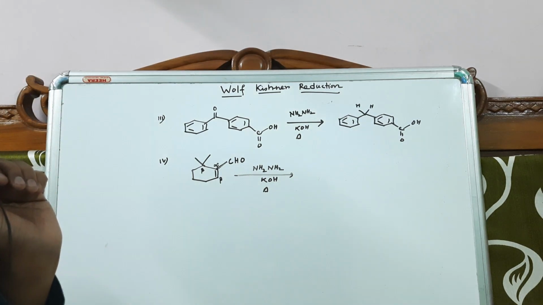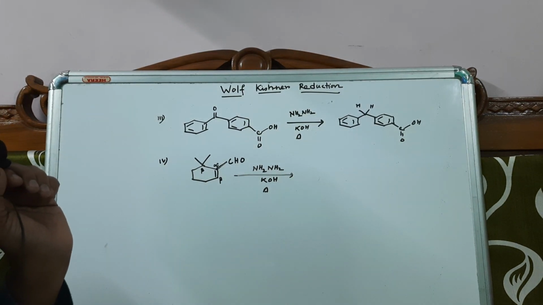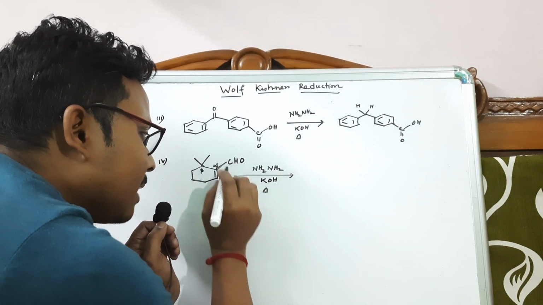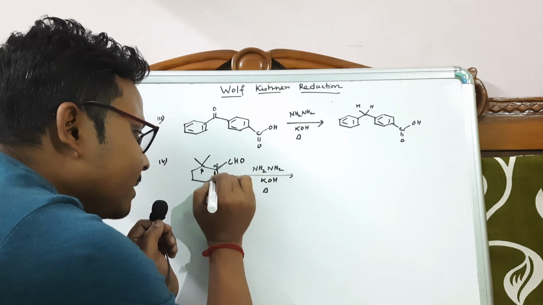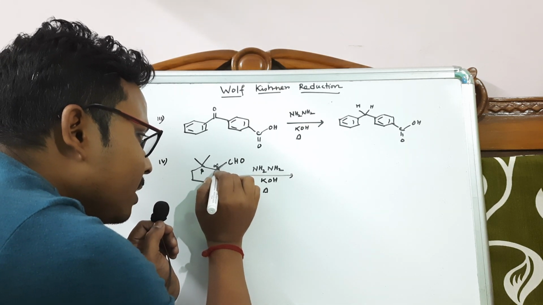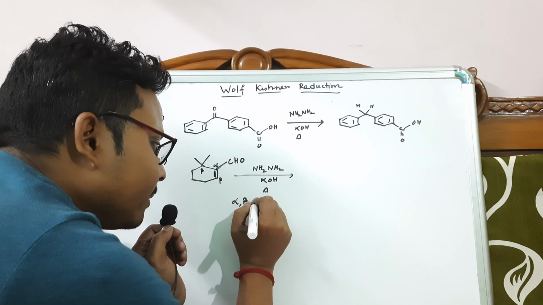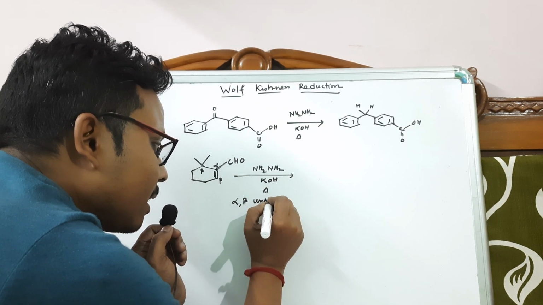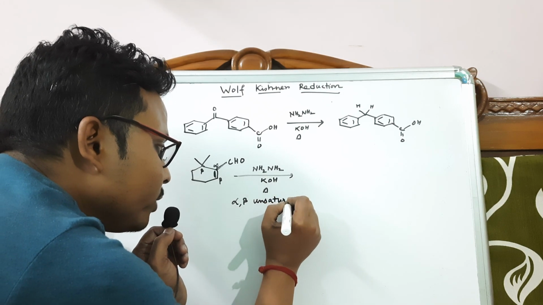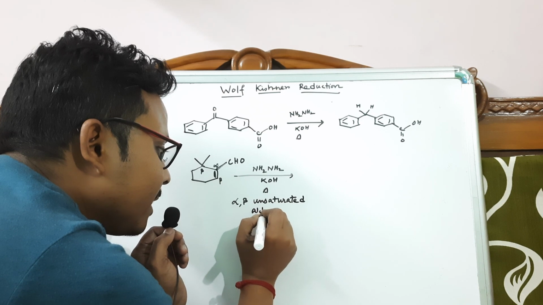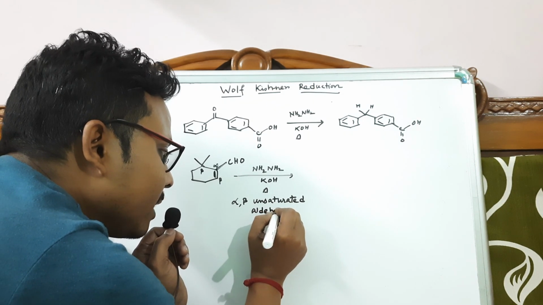So in the case of alpha beta unsaturation, the case is a little bit different. Alpha beta unsaturation means there exists a double bond between the alpha and beta carbon atom. Such a type of compound is called an alpha beta unsaturated aldehyde.